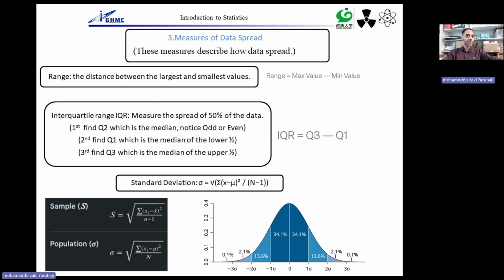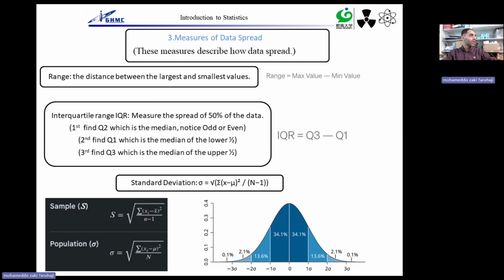The range is easy. It is the distance between the largest and the smallest value, which means the range is equal to the maximum value minus the minimum value.